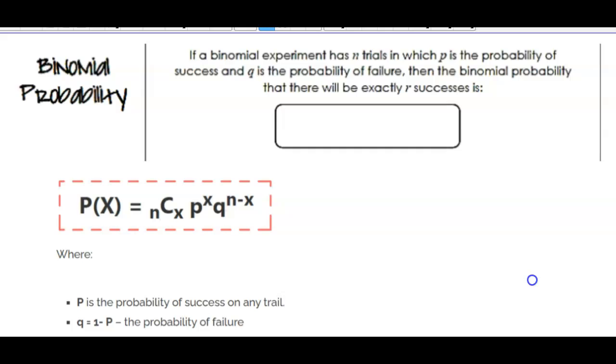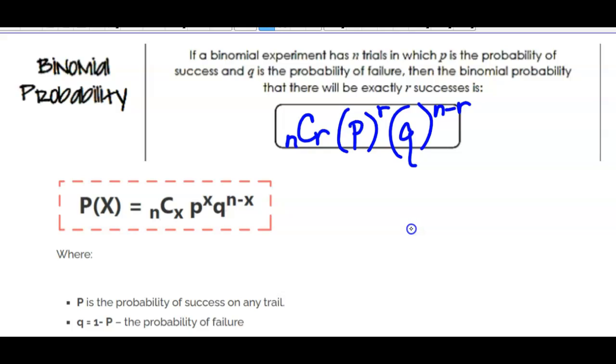All right, the definition of the formula is this, and you can write that in here if you want. You would say there's how many different ways. I'm going to use the variables we've used. We do nCr, and then it's the probability of success, r times, and the probability of failure the rest of the time. That should kind of make sense if you think about it for a minute.